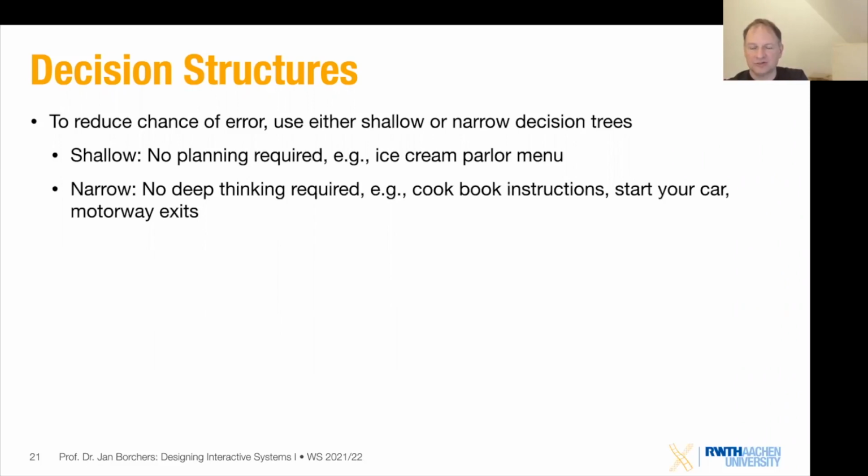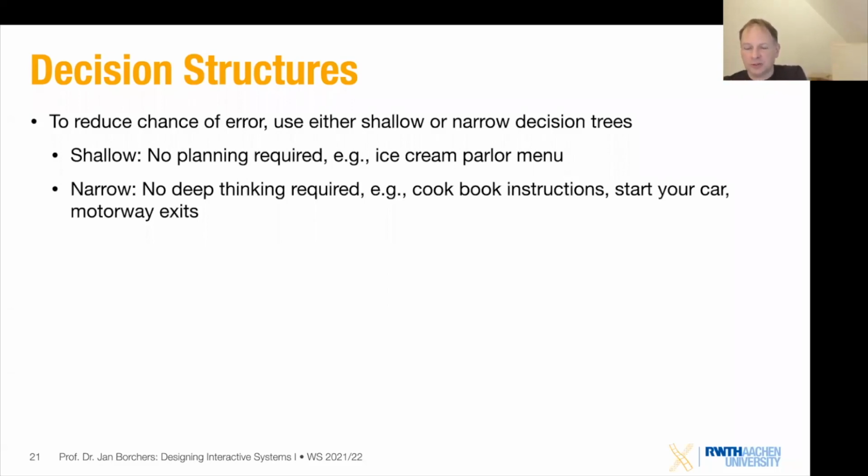The designers of the system said, at the point when you are only 250 meters away from this exit, we don't want you to start pondering whether you want to take a detour via Cologne or not. We're just going to tell you the exit is coming up. If you don't know whether you should be taking it, just be safe and keep driving. Right? So there's careful design that goes into these decisions.